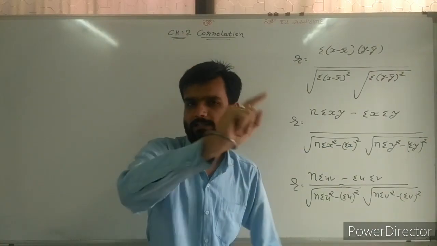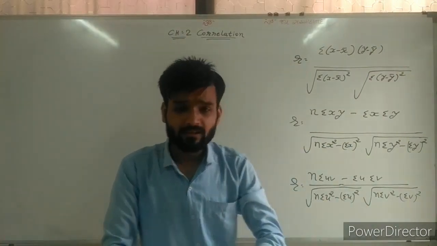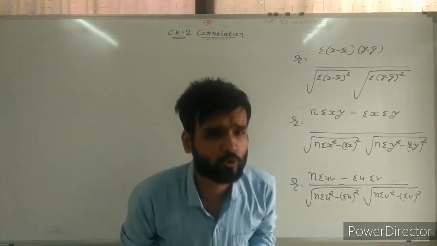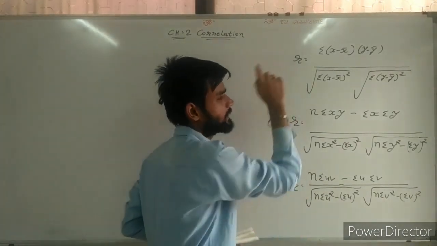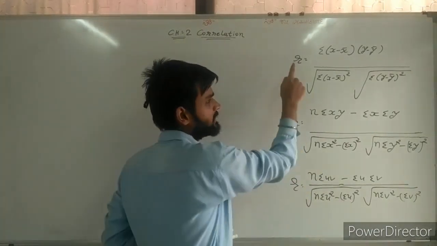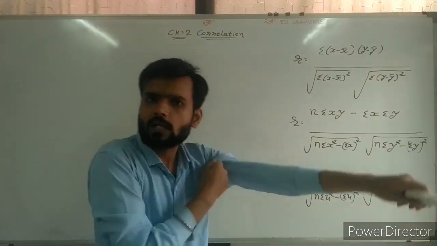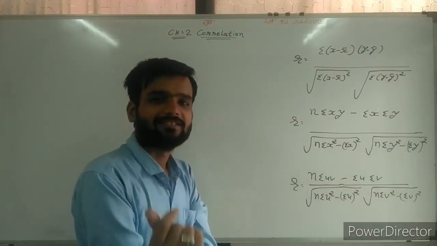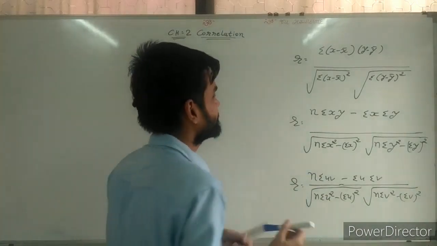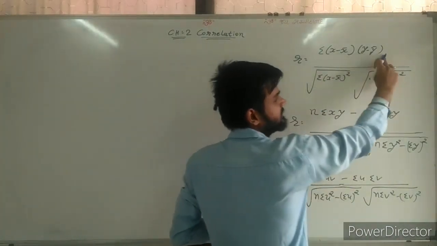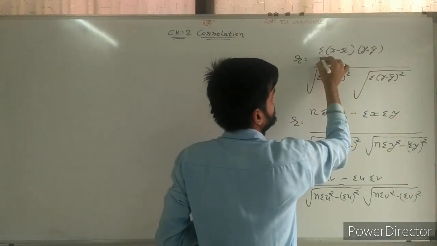Now try to understand, please. First of all, what are we doing? Remember this formula, and from this formula I am making three more formulas. How? See, divide this numerator by n.